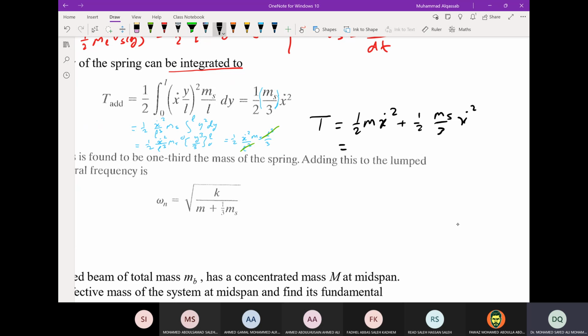So you can take 1 over 2 common, and this becomes the mass plus ms over 3, times x dot squared. So this equals 1 over 2 m effective x dot squared. So m effective is m plus ms over 3.